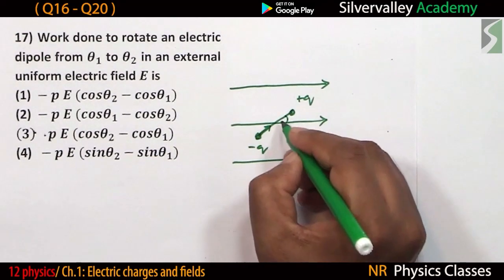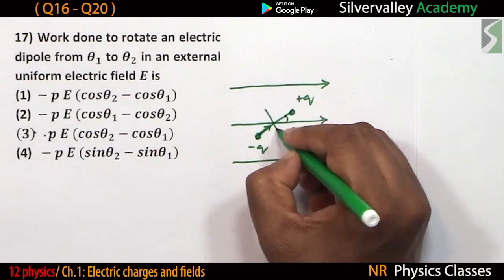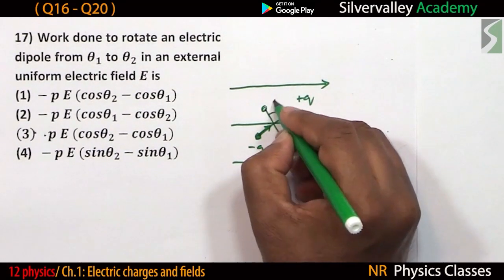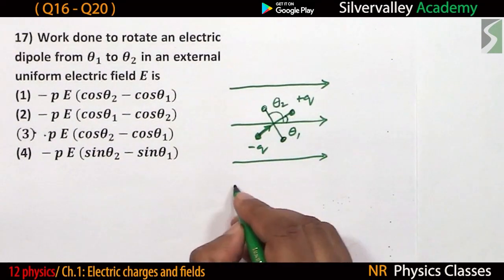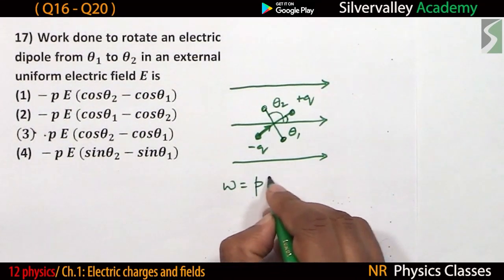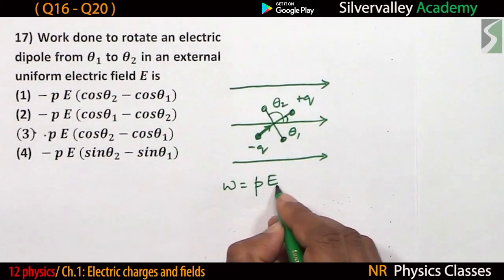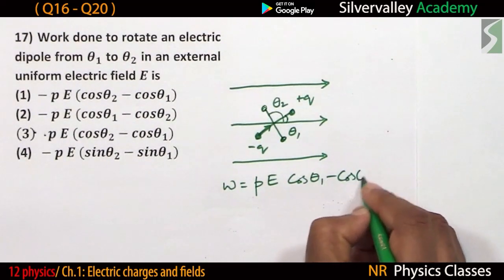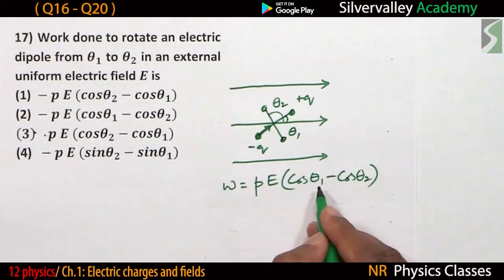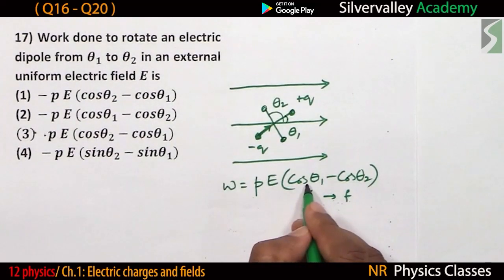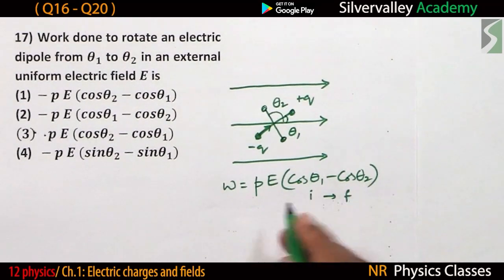If the dipole is rotated from theta 1 to theta 2, so this is theta 2. Then work done is given by P E, dipole moment, electric field, cos theta 1 minus cos theta 2. It is from initial to final angular position.